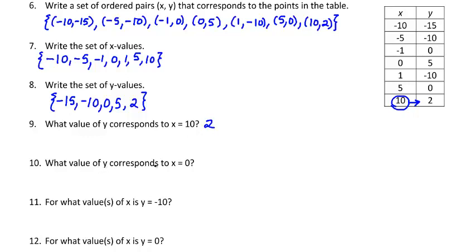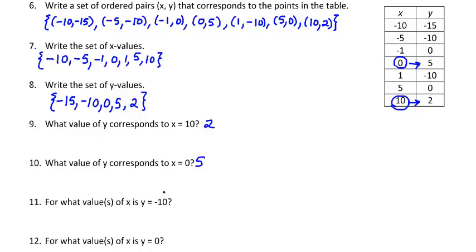What value of y corresponds to x equals 0? So we find 0 in our x column. We see that that corresponds to 5. For what values of x is y equal to negative 10?